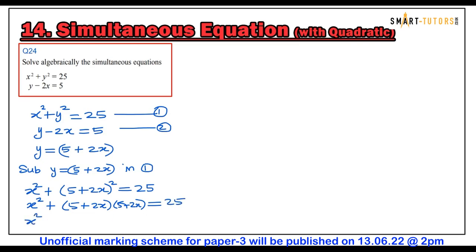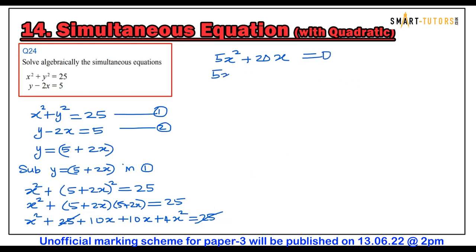So x squared plus 5 times 5 is 25, 5 times 2x is 10x, 2x times 5 is 10x, 2x times 2x is 4x squared equal 25, right? So 4x squared plus x squared is 5x squared and 20x, and you can see clearly that 25 and 25 become 0, that is equal to 0.